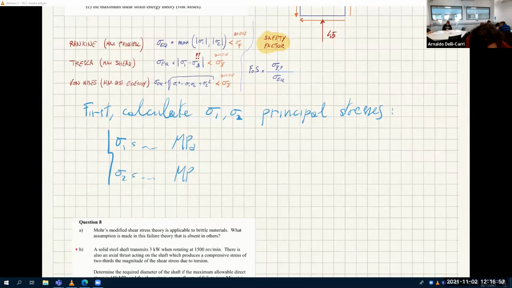How much is sigma 1? Come on. You must run these calculations in the exam, so don't take too much time. Practice your calculator.